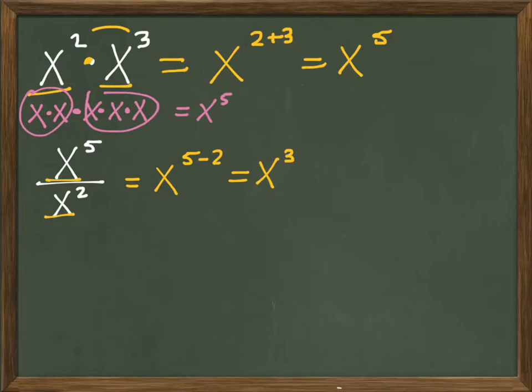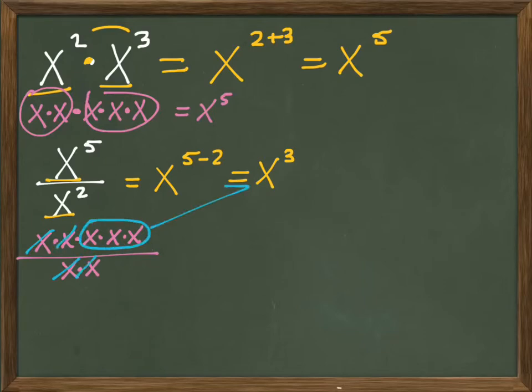Okay? Again, the way you can look at this is, if I have 5 x's on top, so 1, 2, 3, 4, 5, and 2 on the bottom, 1, 2, I can cancel out some of the x's, because I have an x here and an x here, and all I have left are 3 x's, so that's why it's x to the third.